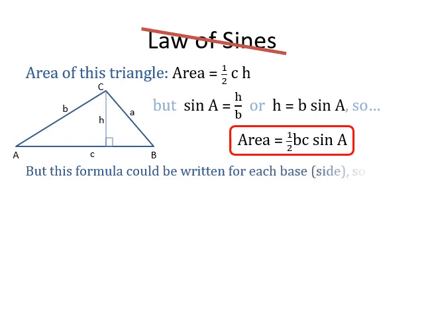Now, I'm going to use this formula to develop the law of sines. Instead of finding the area of that triangle based on b, c, and angle A, we could do it with a and c, and then the included angle would be B. Or we could do sides a and b, and then the included angle is C. Those all have to be equal because they're all different ways of finding the area of the same triangle.